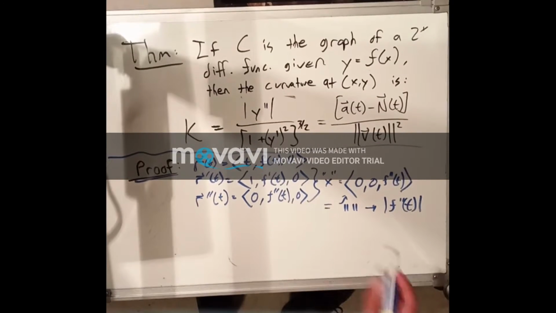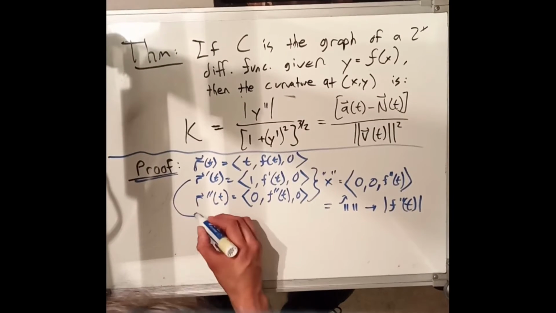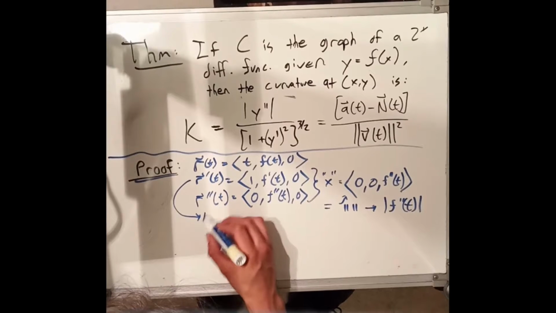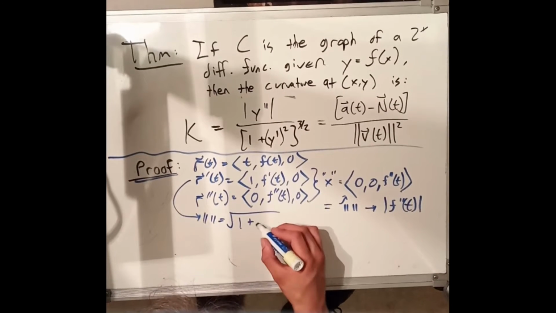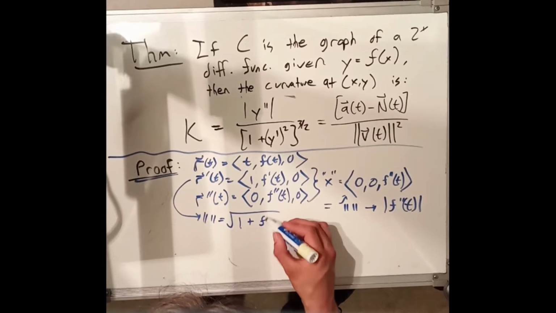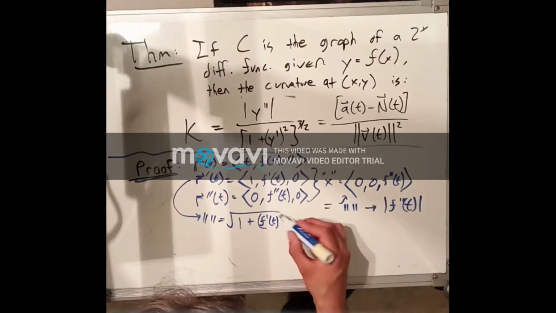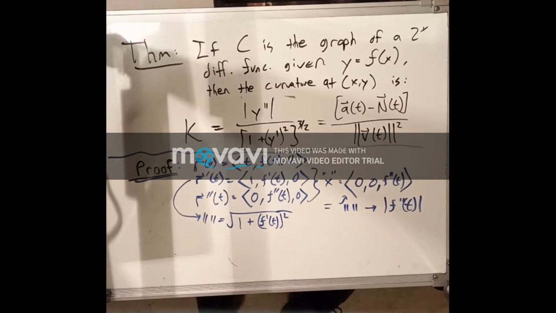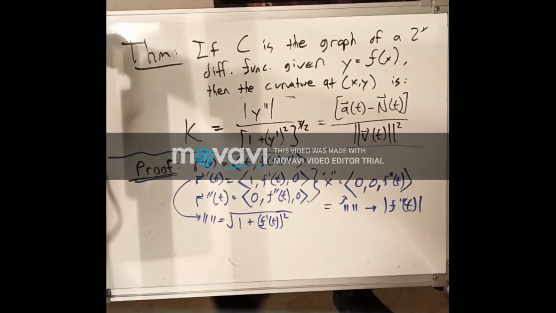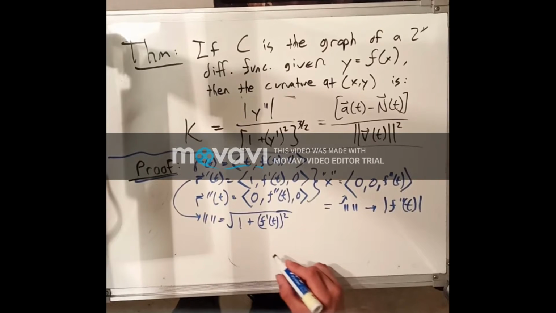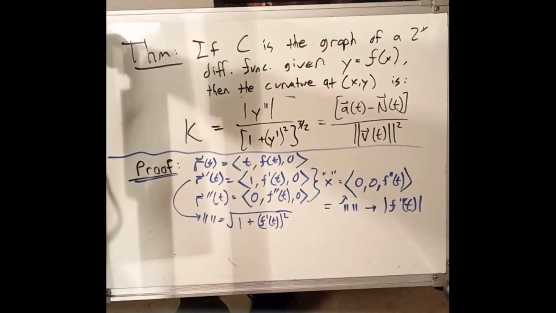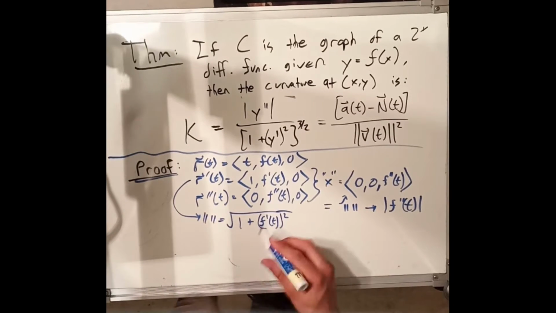Now, if we go here and we take the normalization of r prime of t, this will equal the square root of 1 plus f prime of t squared, all under the radical. Now, if we normalize this, then it's very easy to see that we are given what we need.